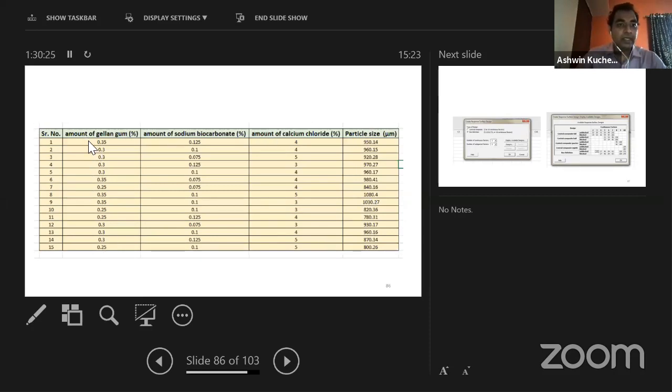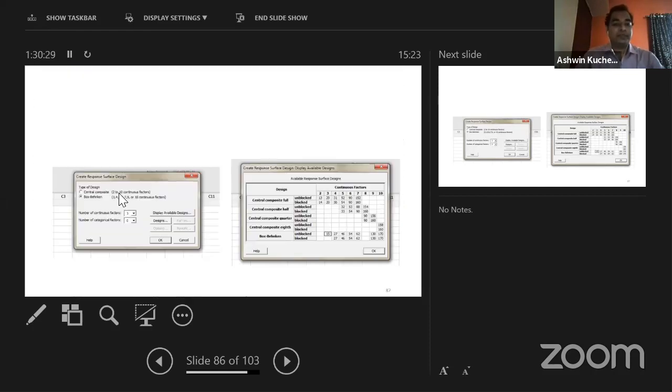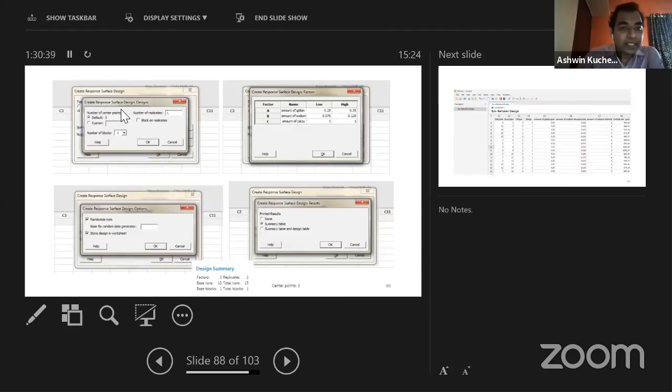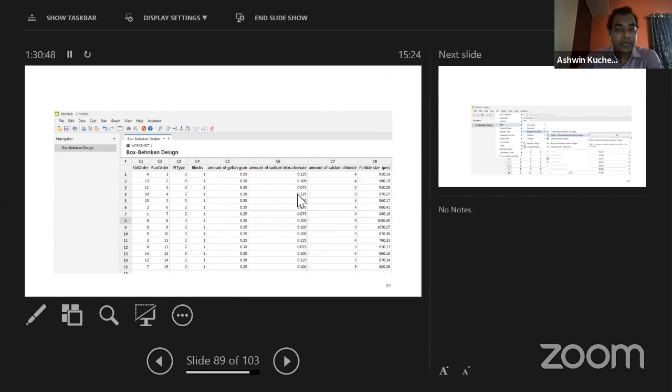This is our paper which has 3 different factors for particle size, and the same pattern was followed: stat, DOE, selection of a Box-Behnken design, selection of a design from the terms, naming the factors, naming the units, then selection of a randomized term, selecting the summary table and the design table, clicking OK, having a screen design for the different runs, performing the runs, having the responses for particle size, and analyzing them.